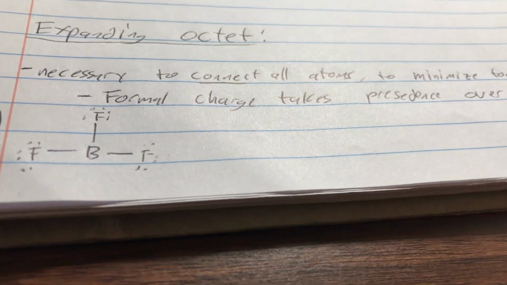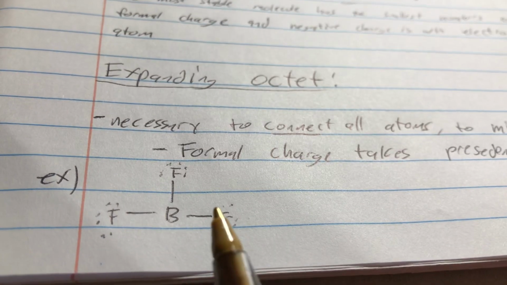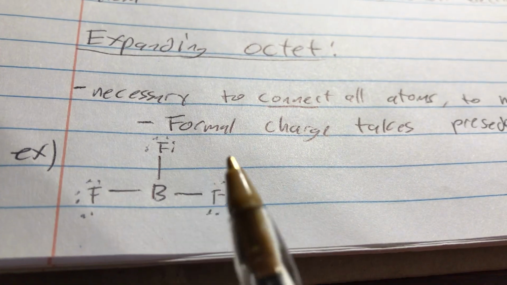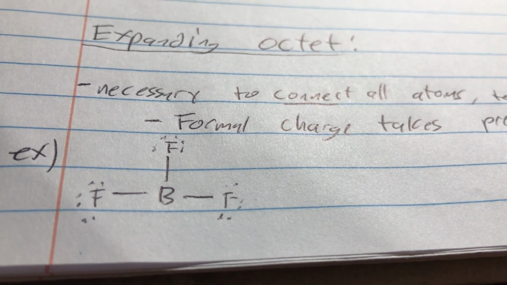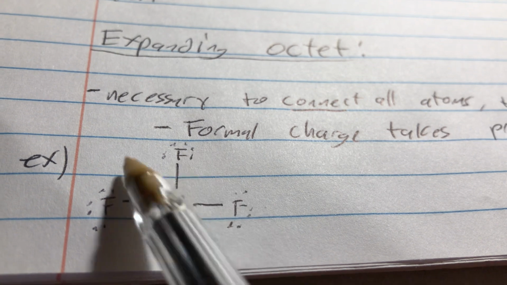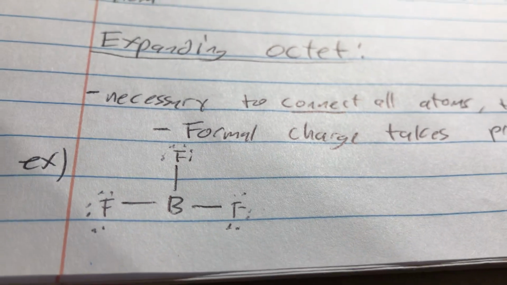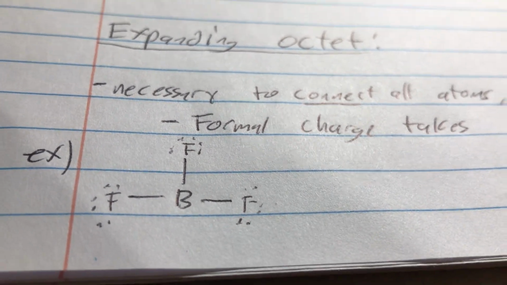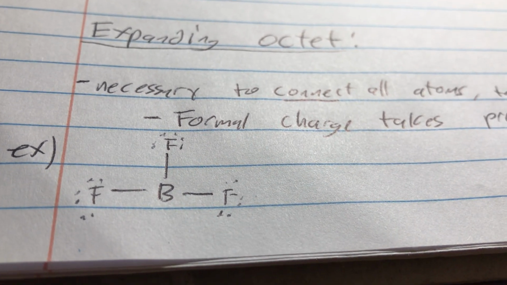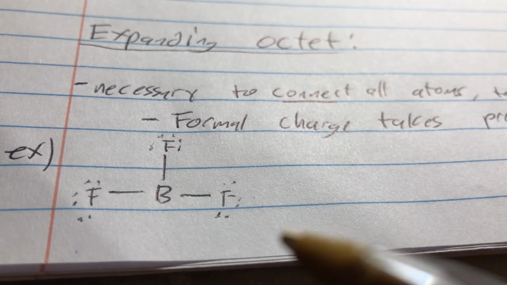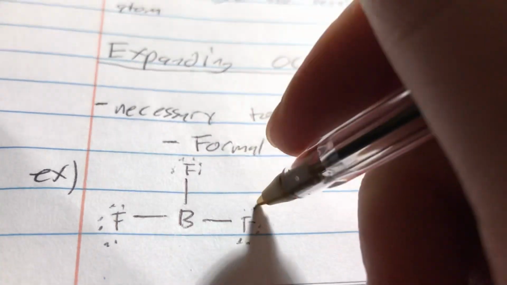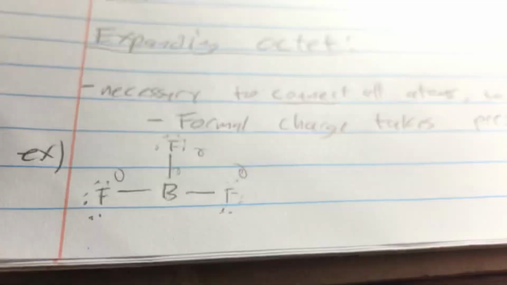We will see that in this example here, where we have bromine trifluoride, where fluorine has an octet on all 3, but bromine only has 6 electrons around it. But if you take the formal charge, you find that all of these have a formal charge of 0.